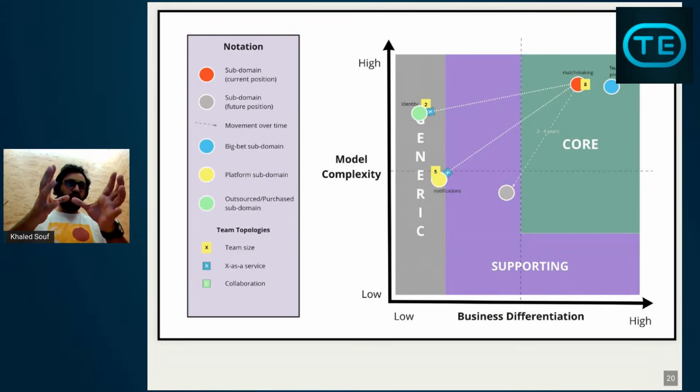So they removed the game completely, that was their core domain, and they shifted their business model to only create that channel, improve that channel, until it is one of the best in the world. That company is actually Slack, if you know the story about Slack.